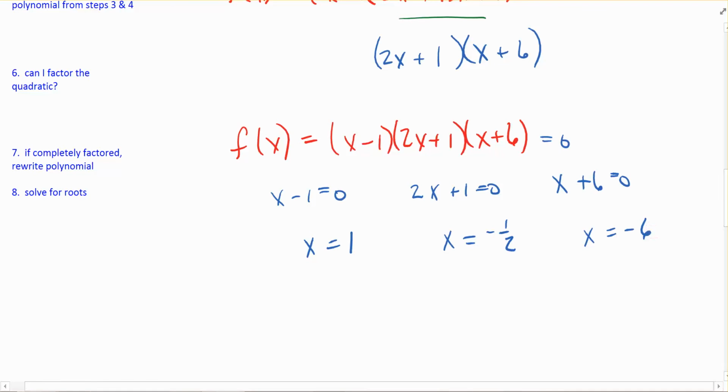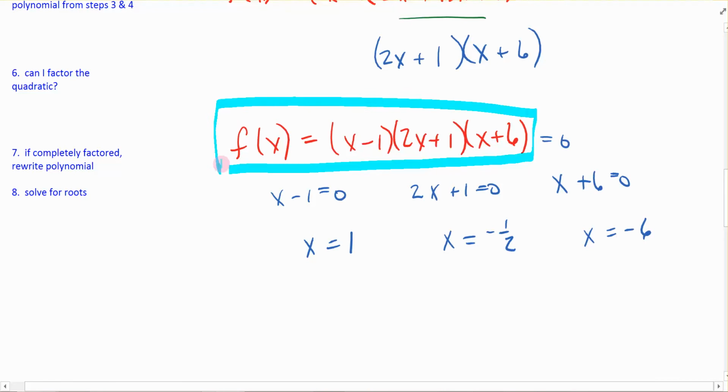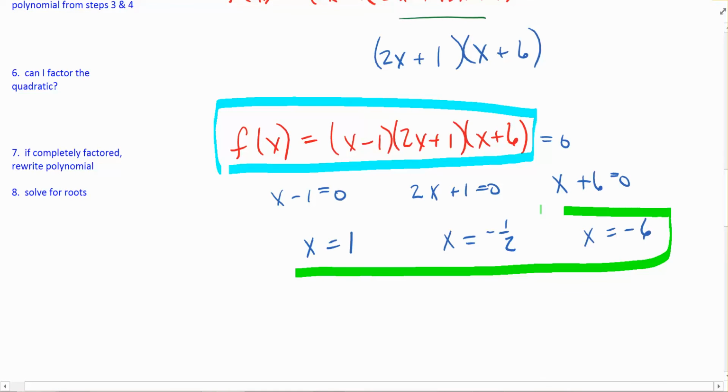So two things are occurring here I want to show you. We have this function right here, which is my polynomial written in its factored form. And then we have also these three roots right here, which we then solved for.